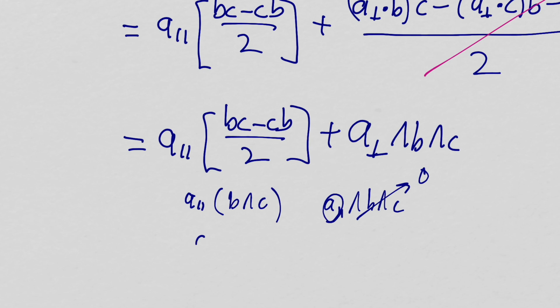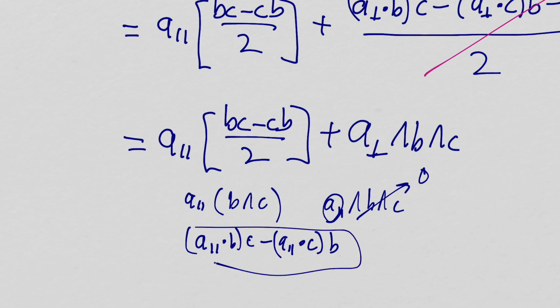So all that's left is a parallel dot B C minus a parallel dot C B, which is going to equal this vector. So this guy here is a vector, and it reflects that picture we saw earlier.